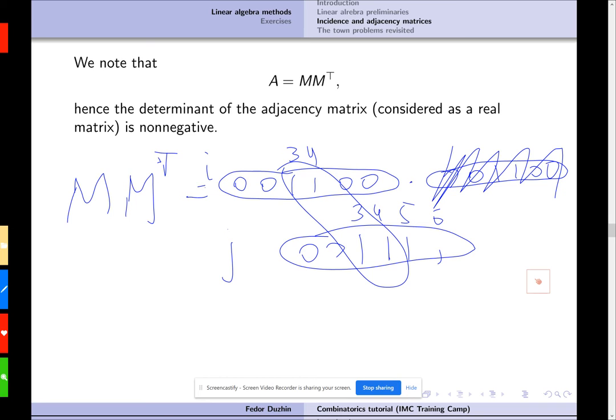So it means that, by construction, the elements of the matrix M times M transposed count the number of blocks that both I and J are in. So which is precisely the adjacency matrix, right? So the adjacency matrix is M times M transpose.